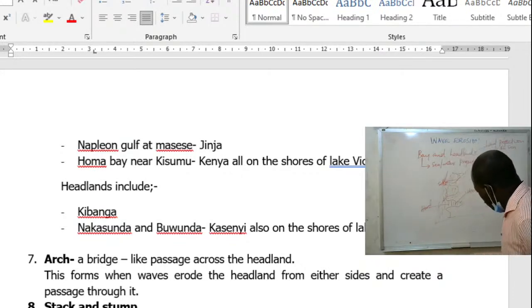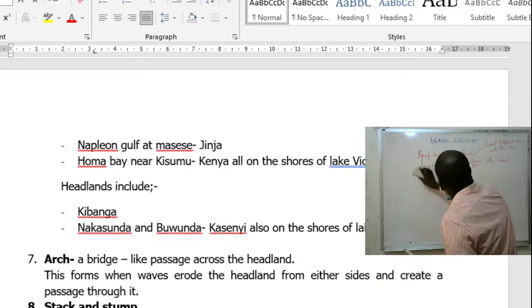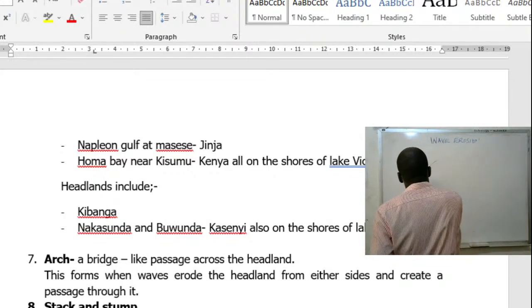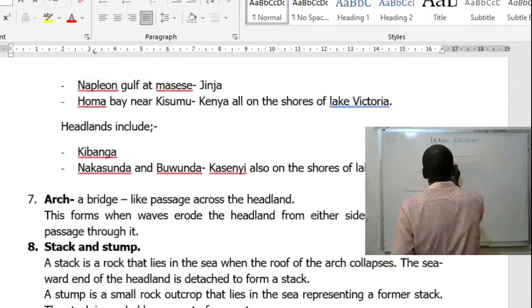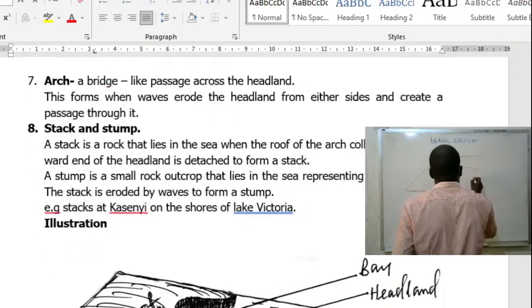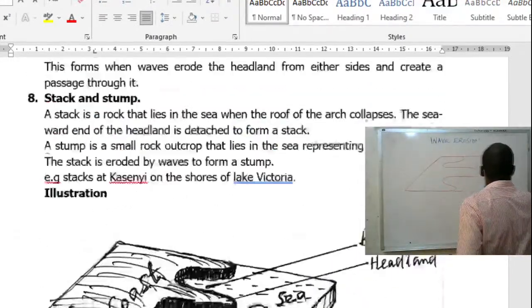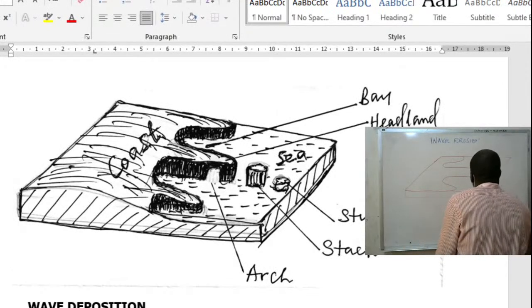Now, when you have a headland forming, then it so happens that this extension, we try to bring this into perspective, assuming this is our coastal area. We have our headland and the base.